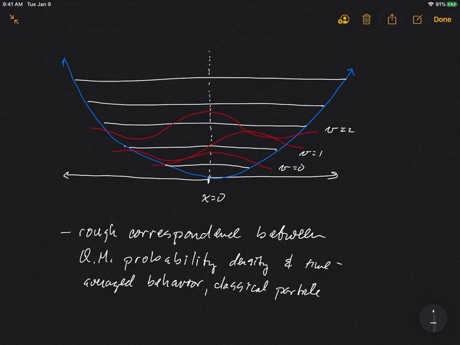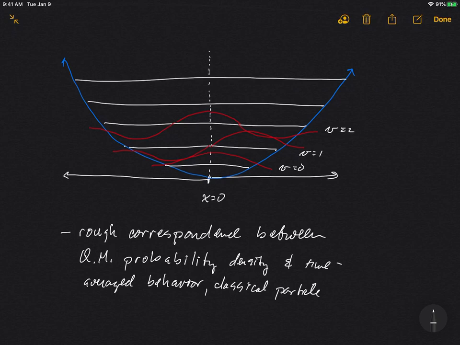In that time averaged view, looking at it in probability, if you had a classical harmonic oscillator and you stopped it at some random moment in time, you would expect that you would be more likely to have it stop near one of the classical turning points, because that's where it's spending most of its time.